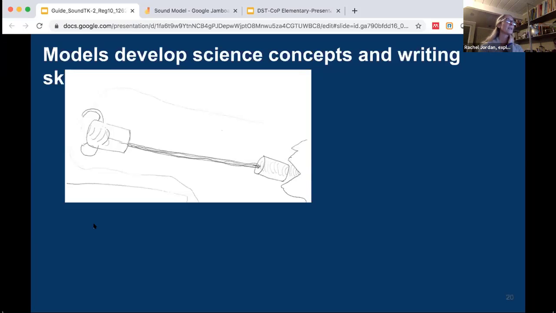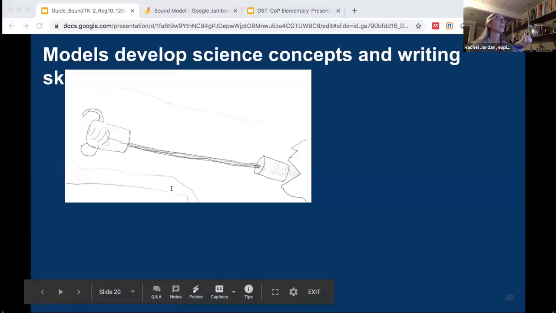And one great thing that I have found with young readers and writers and scientists is to use student models as mentor texts. And so using the reflective questions, what do you notice? What do you wonder? Is a great way to invite young readers and writers to look at what information this author is trying to tell me about how sound travels.